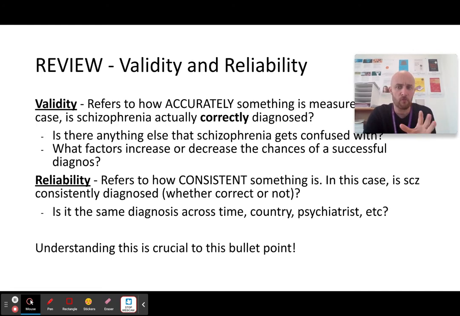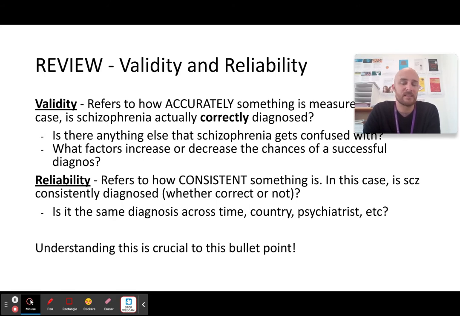It's not about whether it's right or wrong. Remember, reliability is not about validity. Do they diagnose it consistently, whether right or wrong? Is the same diagnosis given across time, country, and psychologist?